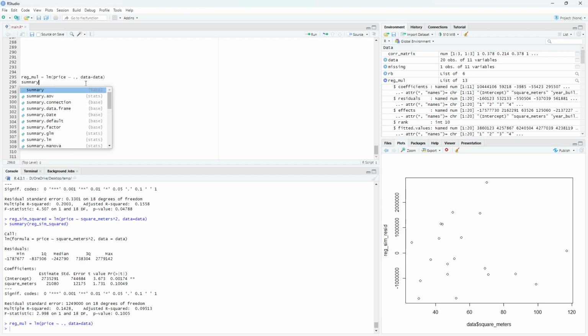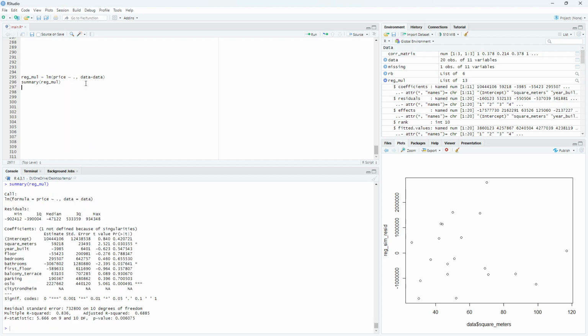And if we look at the summary of this variable, like so, then we see that there are some variables which have a high degree of significance, whereas others do not have that strong significance, and others, like floor, do not contain much information at all.